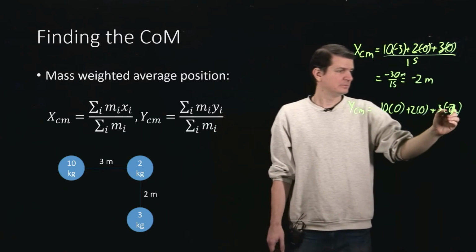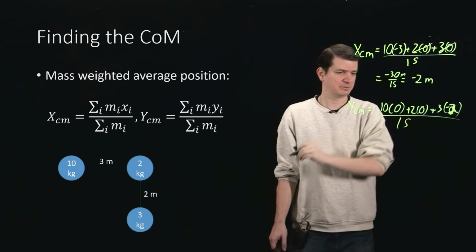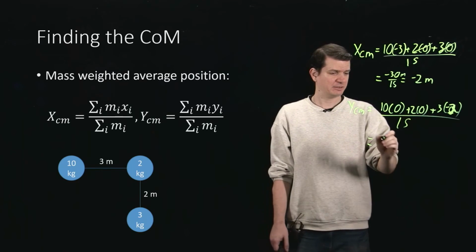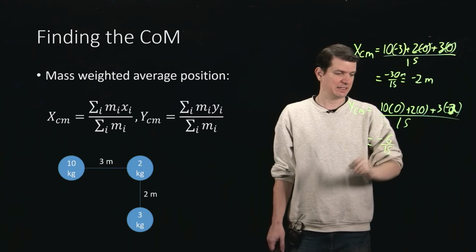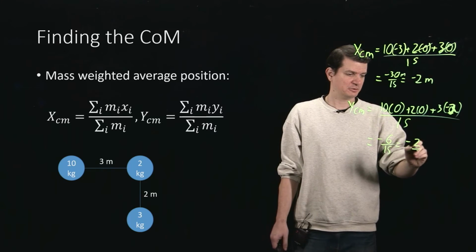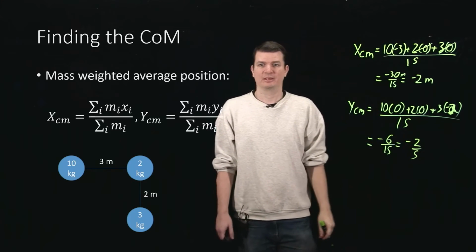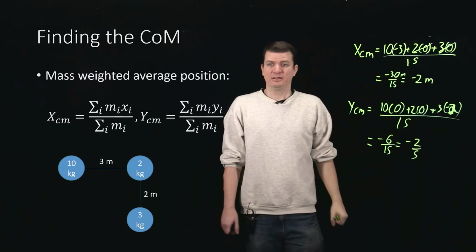And so I can compute what that gives me, again, on the total mass, which is 15. And that gives me simply a negative 6 on 15, which I can rewrite as negative 2 fifths. It's just factoring out a common factor of 3.